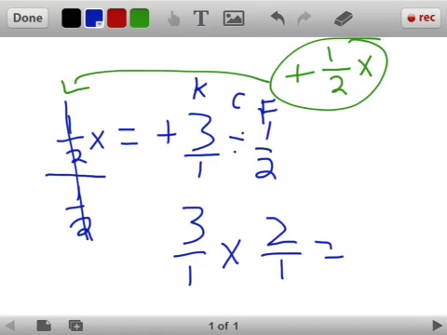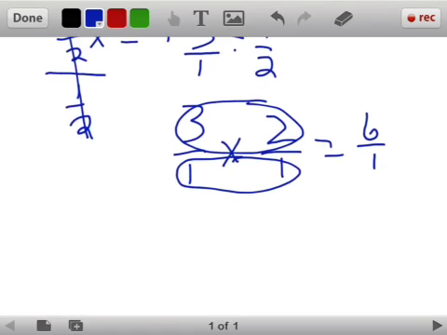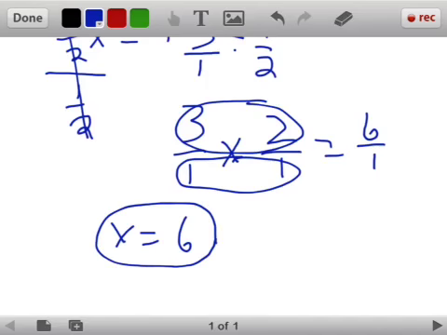So whenever you do that, you just multiply straight across now. 3 times 2 is 6, and 1 times 1 equals 1. So I've got 6 over 1. So now let's see what our equation looks like. Our equation looks like x equals 6 over 1, which is the same as just 6. So half of my answer right now is 6.